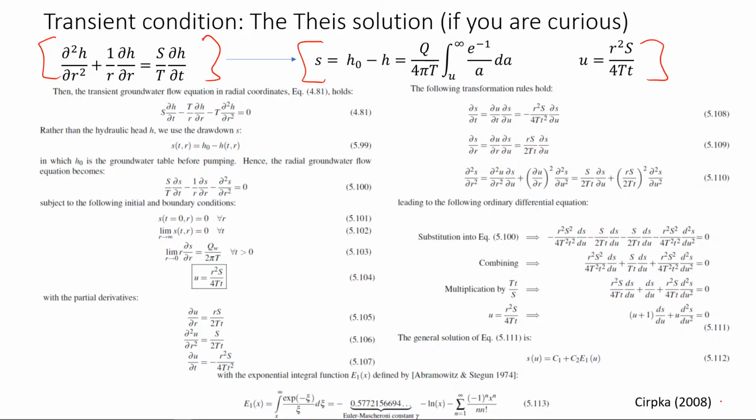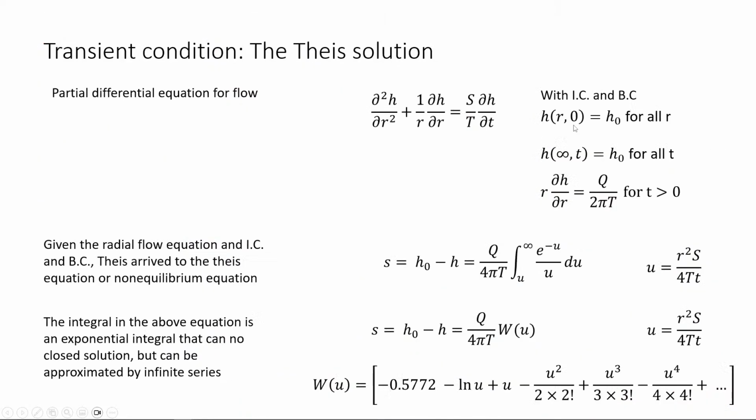This is my lecture note from when I was a student, about 20 years ago, not more, but about. I can leave my lecture note, and you can read more about this if you're curious. But anyway, that's not important. The important part is here.